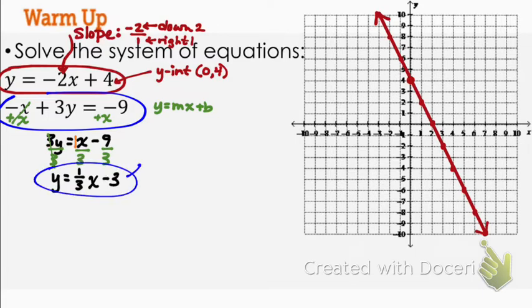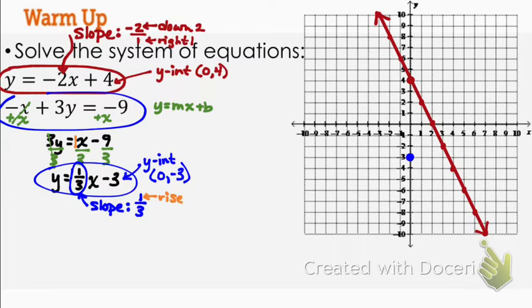This is the line that we're going to graph. So here is our y-intercept at 0, -3. Right down here. And then what is our slope? Slope is not negative. This piece right here is my slope. It's 1 over 3. The 1 is my rise.